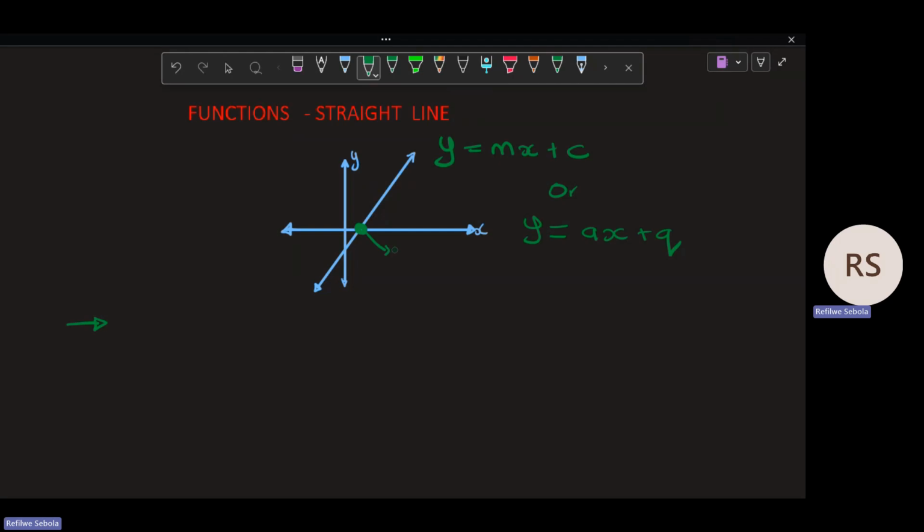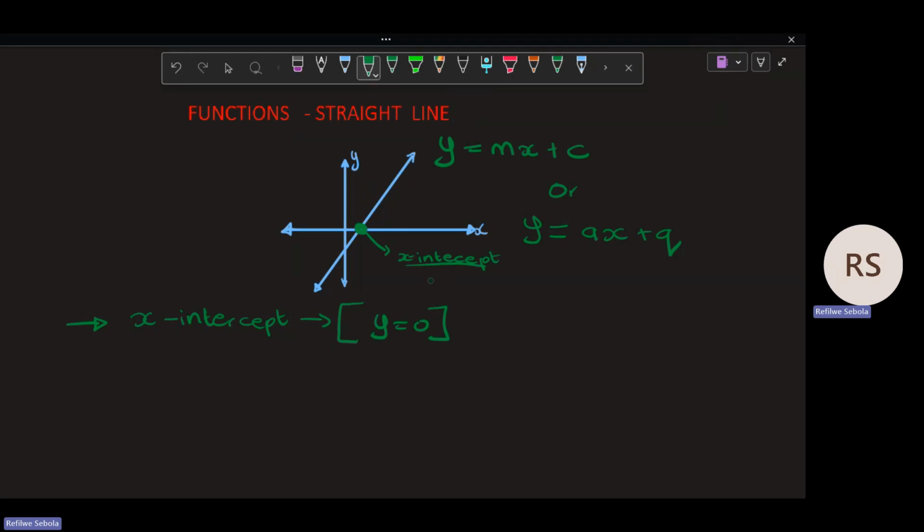This point is called the x-intercept. So when we are talking about the x-intercept, we are talking about a point where y equals 0.